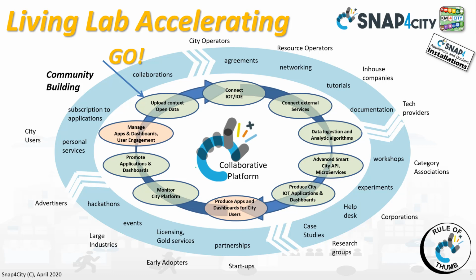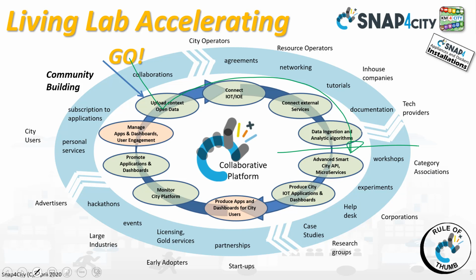So, when you initialize the system on your premise, usually you ingest the data, and then as soon as your data are ingested, you can start using the data through the Smart City APIs.